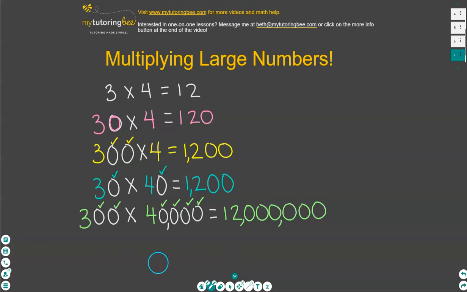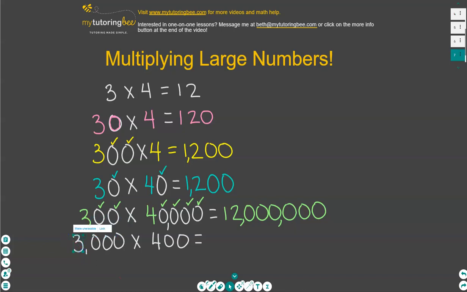Okay, let's try one more, and then I'm going to have some for you to practice. So we're going to stick with the 3 and 4. We're going to multiply 3,000 times 400. We're going to keep it simple with this one. So see if you can think about what you think this answer might be.